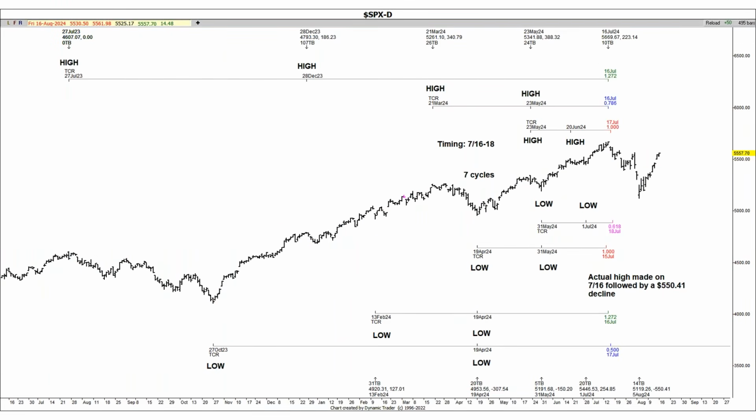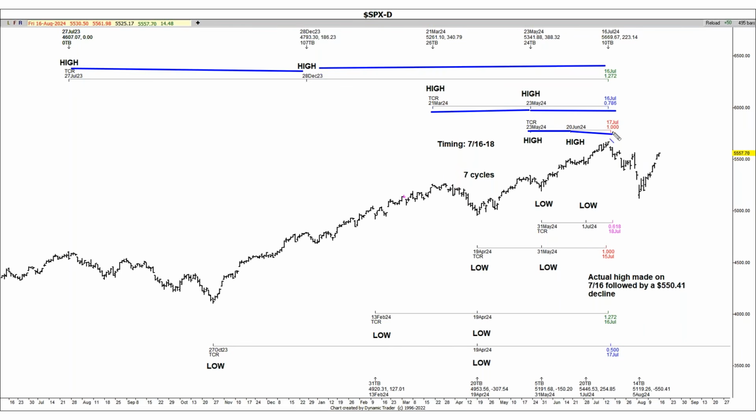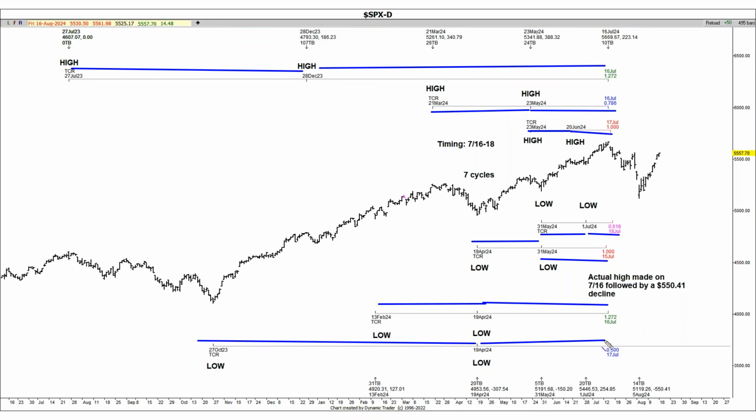Another example of timing, this is S&P Cash Daily. We had a high to high, 1272, July 16th. Another high to high, 786, July 16th. Another high to high, 100%, July 17th. Low to low, 618, July 18th; another low to low, 100% July 15th; low to low, the 16th; and another low to low, July 17th.